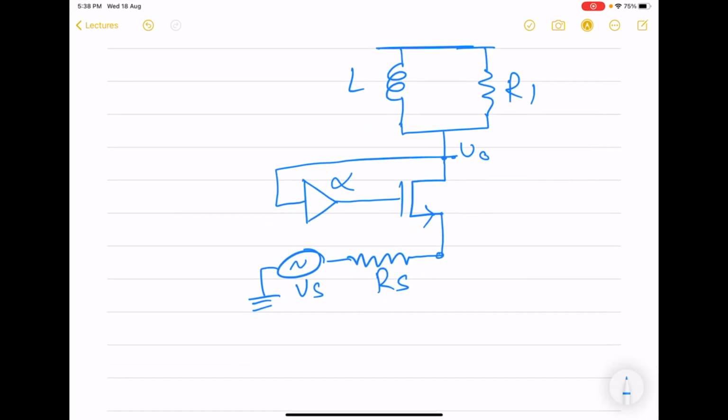And of course, we will find out Z in here at the source.